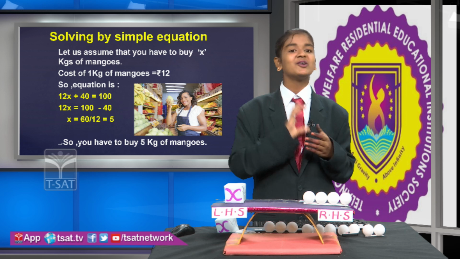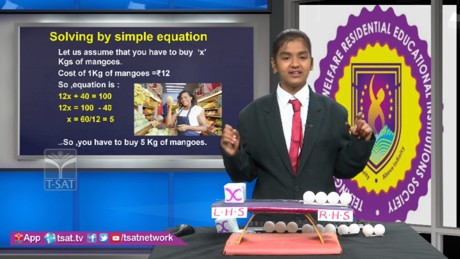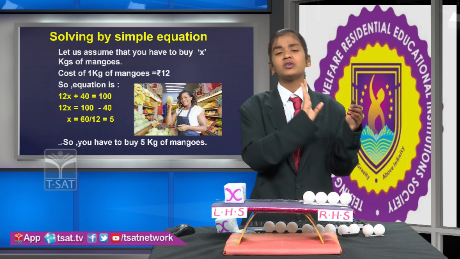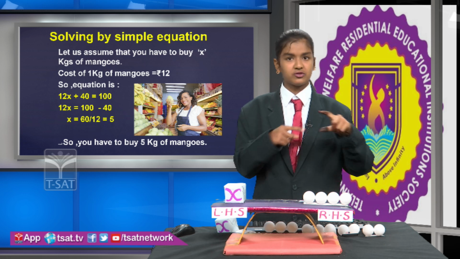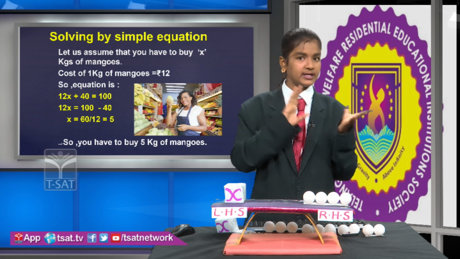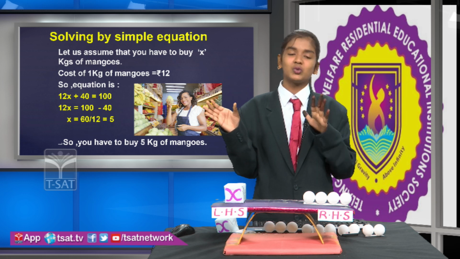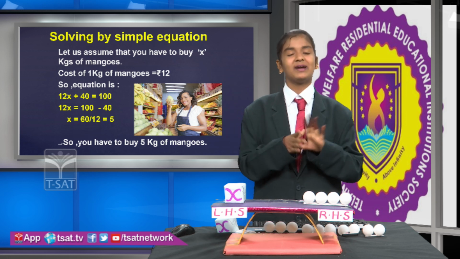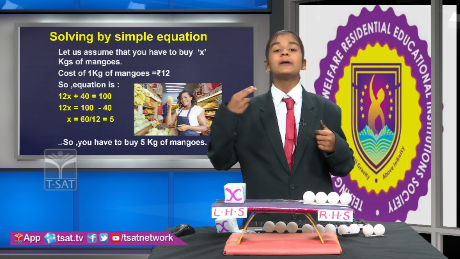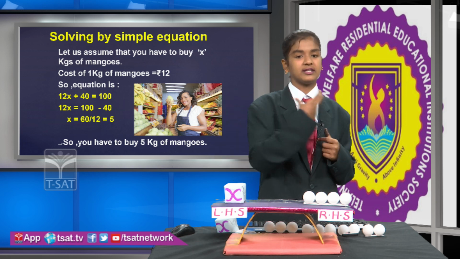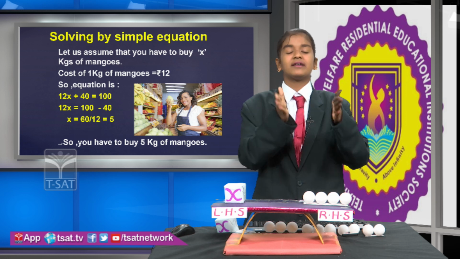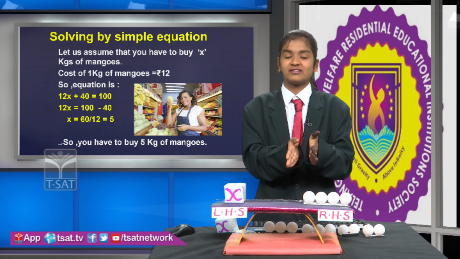Cost of 1 kg was rupees 12. So the equation is 12x plus 40 equals 100. Friends, 100 is the total amount, 40 is for buying chocolates, 12 is the cost of 1 kg of mangoes and x is the number of kgs of mangoes you have to buy.